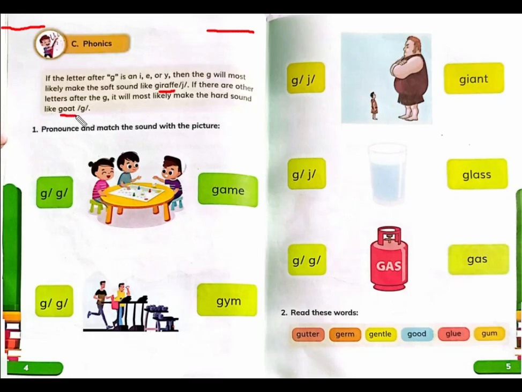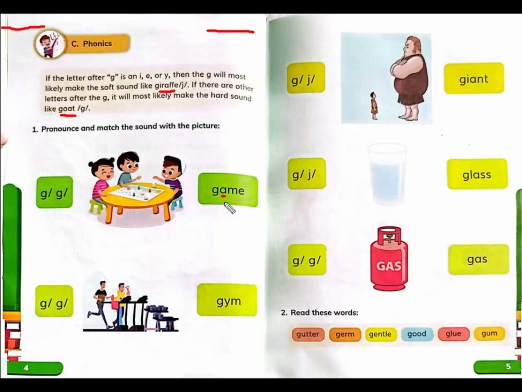Okay? Now let us do the exercise on all of this. The question is: pronounce and match the sound with the picture. Okay, here the letter after G is A. That is not I, E, or Y. So the word will be pronounced as game.